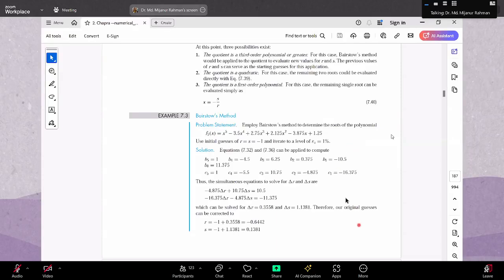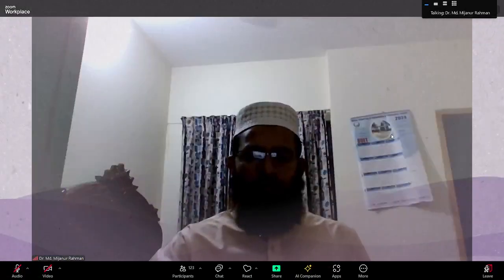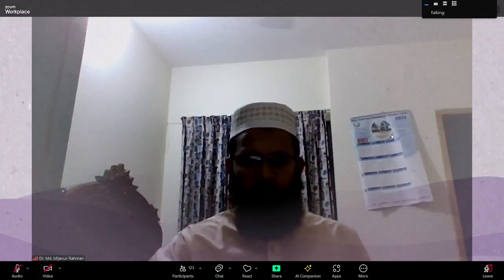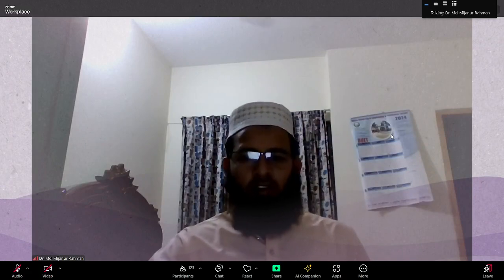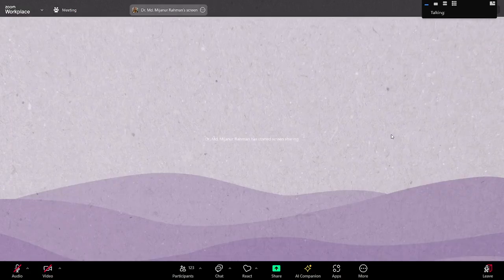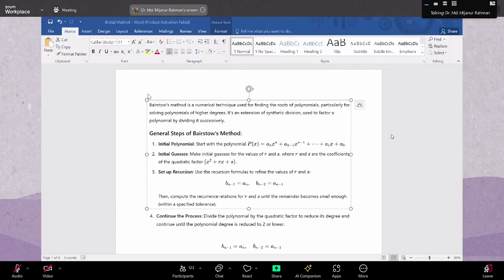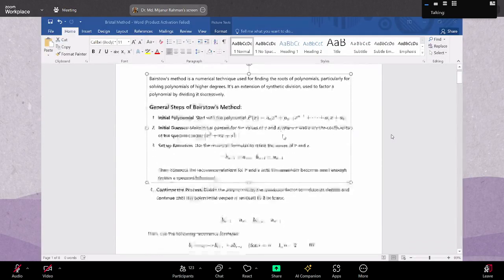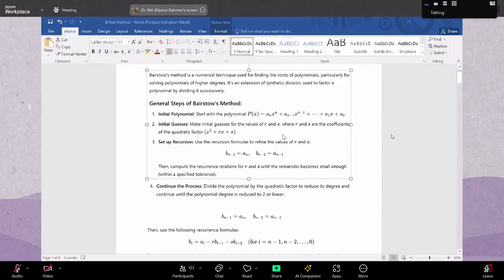So I will share another document. In this document, again, the steps of the Barrister method. General step: first, the initial polynomial will be given.